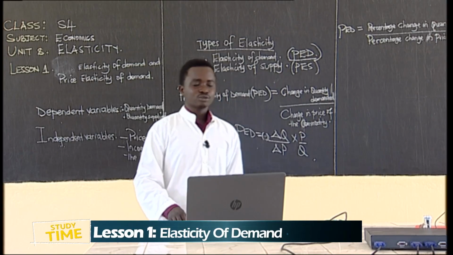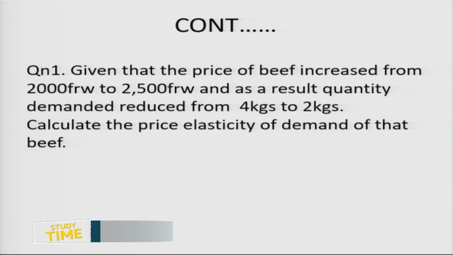Let us see question 1. Given that the price of beef increased from 2,000 to 2,500, and as a result, quantity demanded reduced from 4 kilograms to 2 kilograms, calculate the price elasticity of demand of that beef. So how do you calculate that?